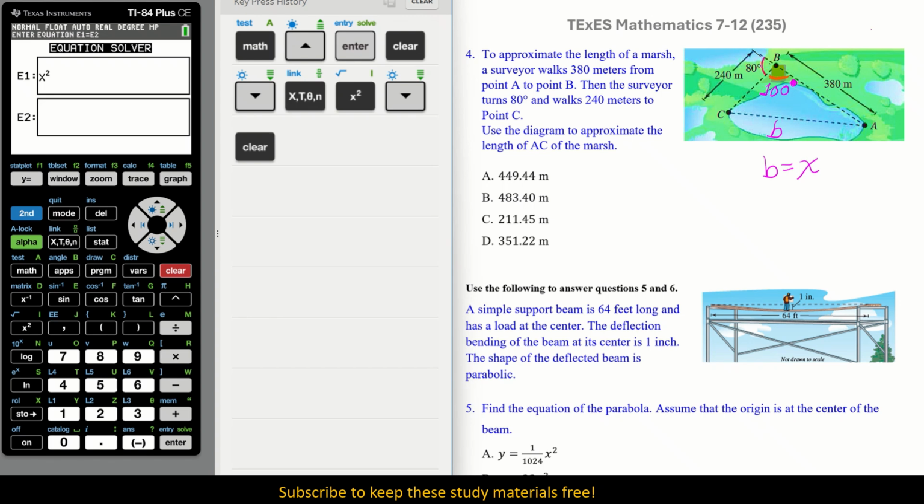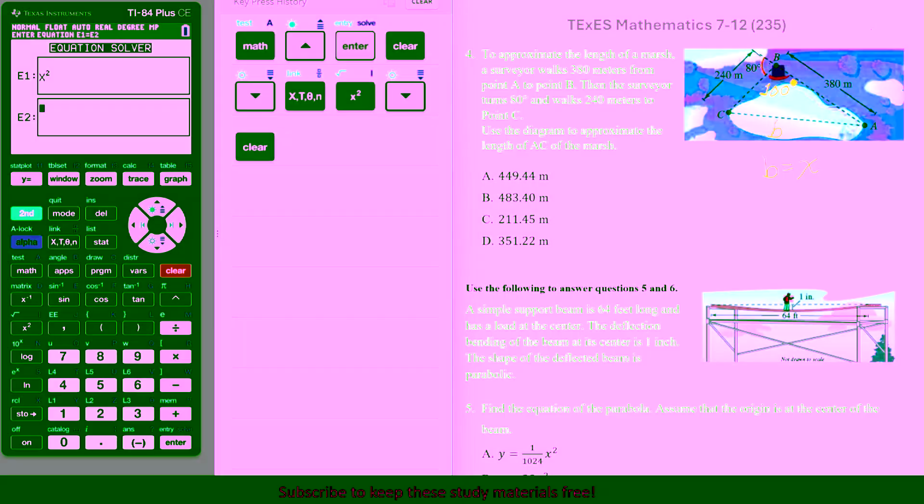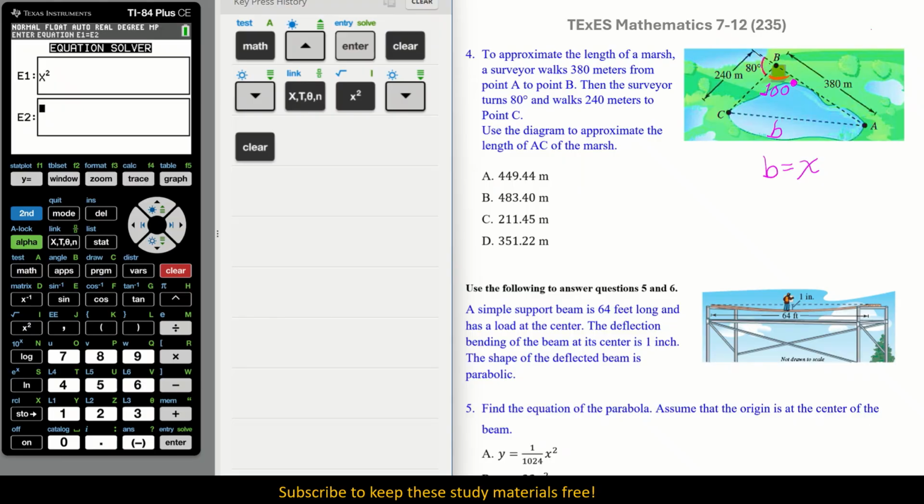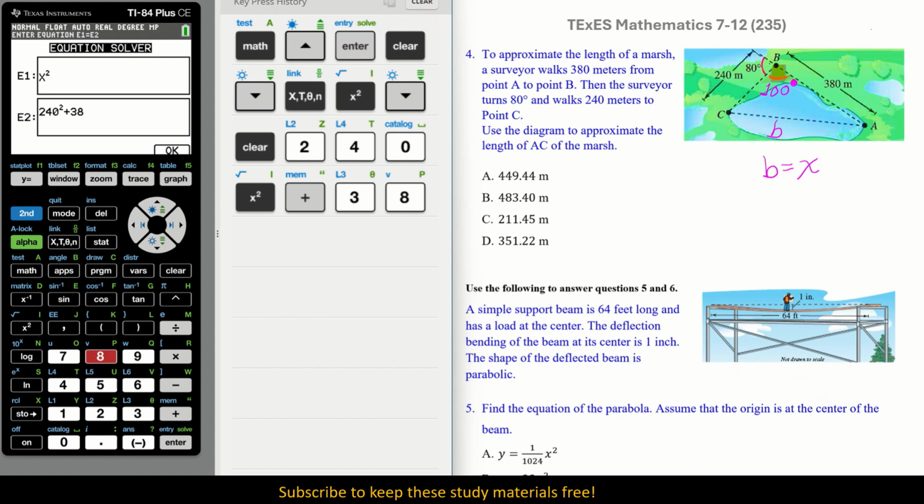Okay, you need to take the distances for A and C and square them, and they will be added together. Look at your formula sheet if you're not familiar with this, okay? So what do we have? We have 240 squared plus the 380. Yes, it's 380 squared.